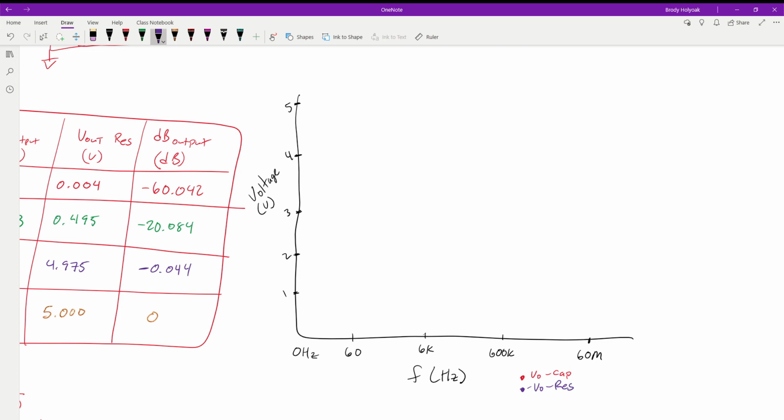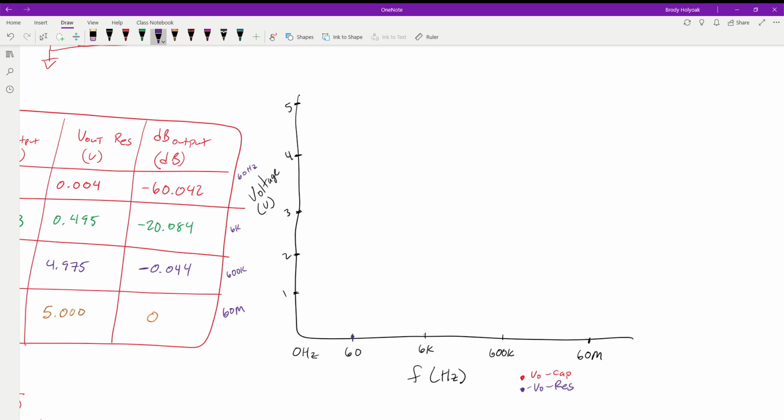Okay, so the first one we have is at 60 hertz for our resistor, since I can see it on my screen right now. So we're at purple. Remember, this was 60 hertz, this was 6,000 hertz, this was 600,000 hertz, and this was 60 meg. At 60 hertz, the voltage of our resistor was 0.004, so pretty much down here touching the line.